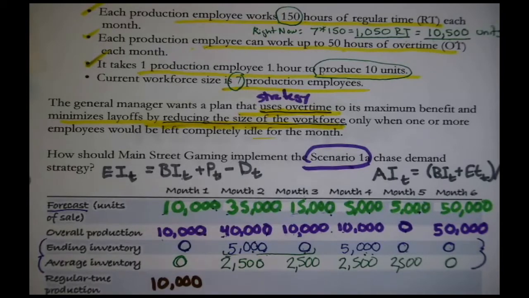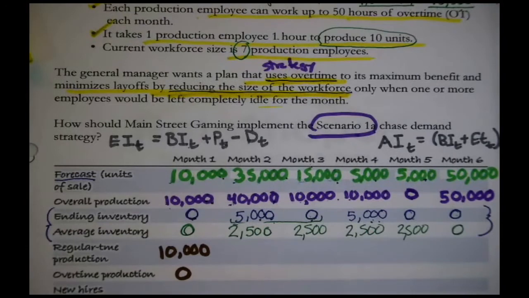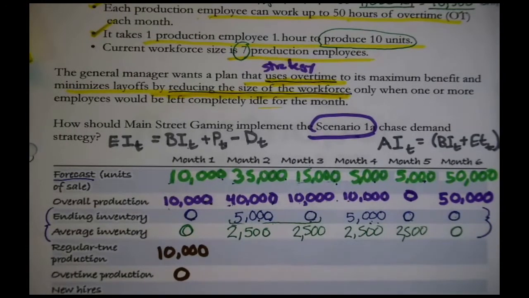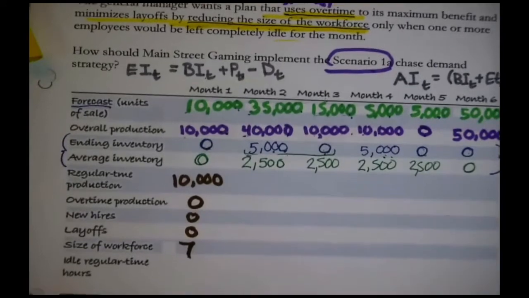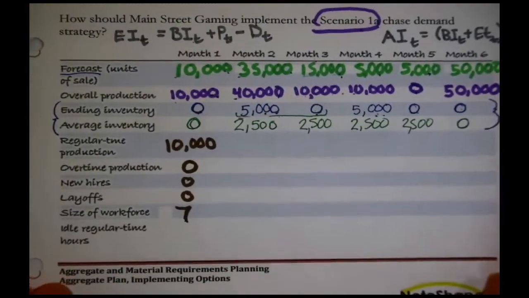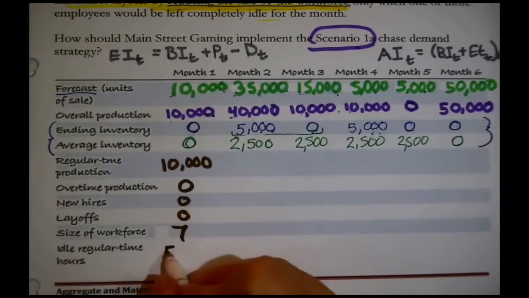Which means that there is no overtime production. We have the people that we need to do exactly that. That means we'll have 7 people, which means you don't have to hire or lay anybody off. Idle regular time hours, however, we will have 50.